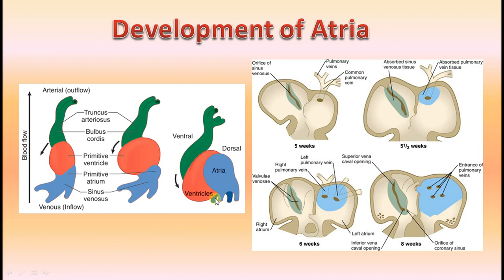Each horn of the sinus venosus will receive three veins: vitelline vein, umbilical vein and common cardinal vein. The vitelline vein comes from the yolk sac, the umbilical vein comes from the umbilicus, and the common cardinal vein is actually the vein draining the fetus.